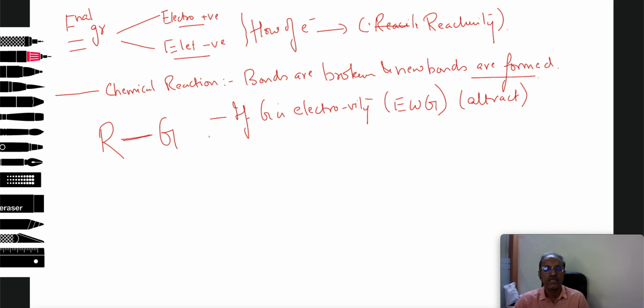Fine. Now, so what will happen? The electrons will go from here to here, every now and then. So this will be rich in electrons, so it will be minus charge, and this will be positive charge.